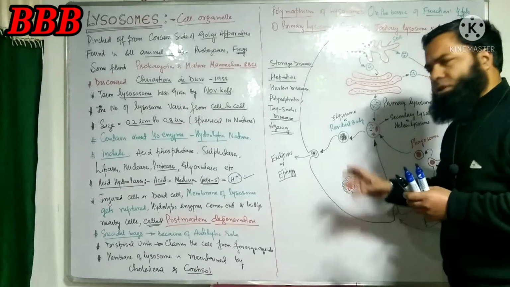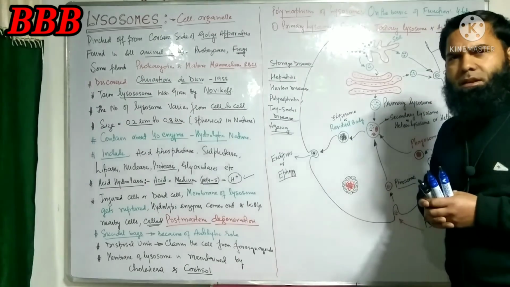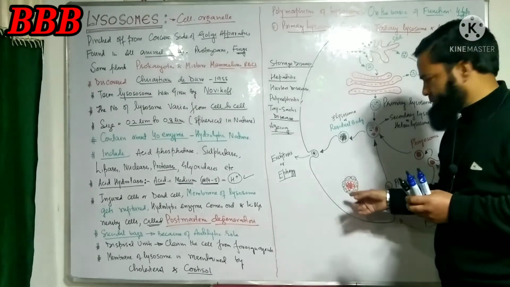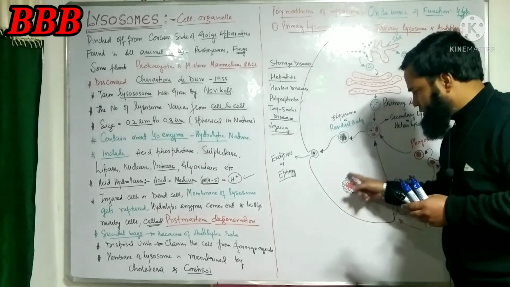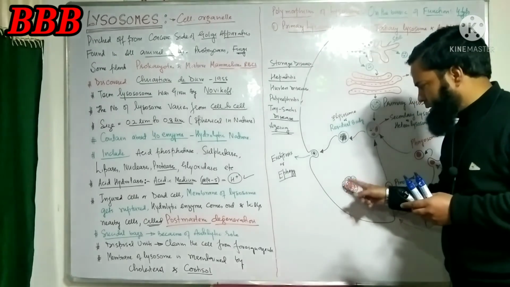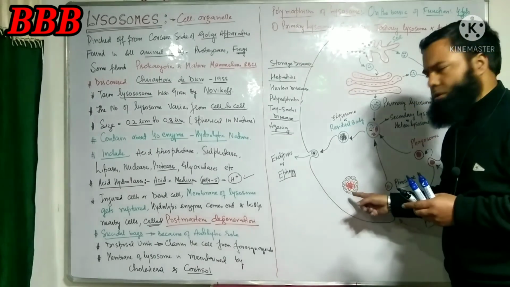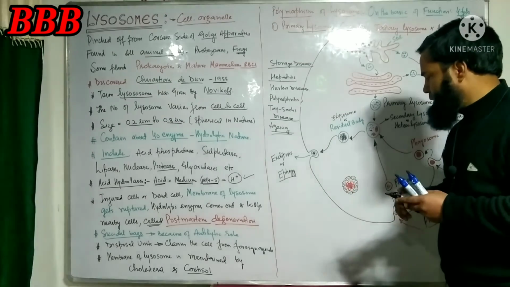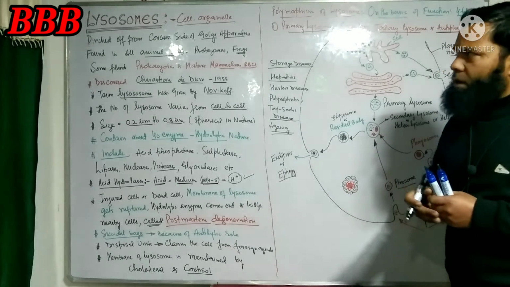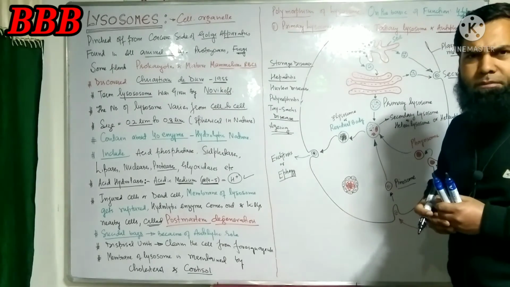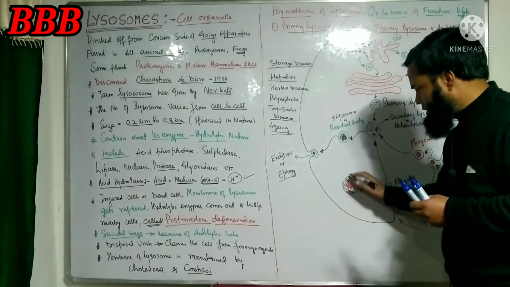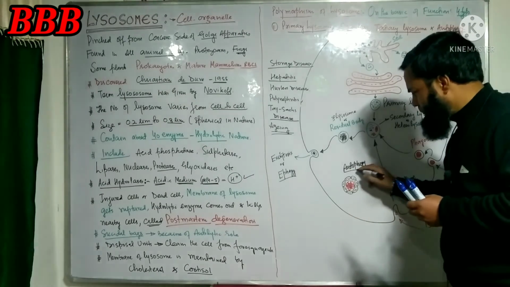Then the worn out cell organelle is killed, or we can say it is degenerated, by the hydrolytic enzymes which wrap the cell organelle and are responsible to kill it. That is the reason lysosomes are called the suicidal bags, meaning they help in autodigestion. So this structure is called autophagy.